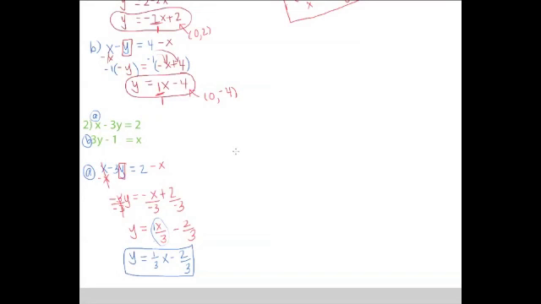Okay, let's work on equation B here. So 3y minus 1 equals x. I need to get y by itself again. Remember, you want to get rid of that 3, but you're going to get rid of it last since it's glued to the y. So what you're going to do is add 1 to both sides. Those cancel.